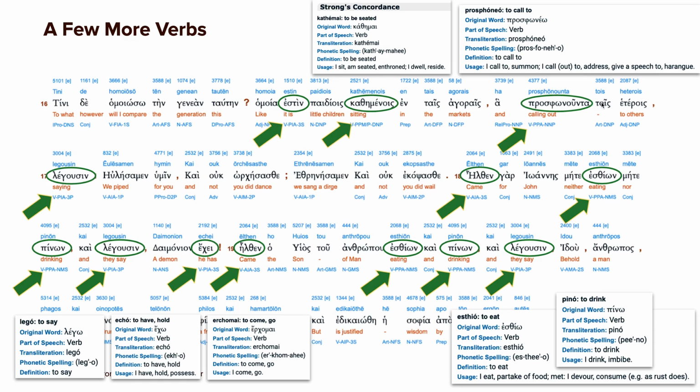So this is modifying the children, which are neuter, and they're calling out to others. Saying, in this case, the translator is using a present participle in English, but you could say they say, because it's the present indicative active, third person plural. They say, and notice our legousin from lego. We piped for you, you didn't dance, you didn't wail when we sang a dirge.